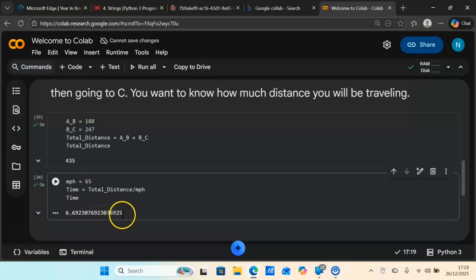So in Python we refer to these numbers as floating numbers because they have decimals, and you could have them in form of fractions, but these are called floating numbers, while these 435 are referred to as integers in Python. So we have two types of numbers in Python: the floating numbers and the integers. The integers are whole numbers, while the floating numbers are decimals, or sometimes fractions.